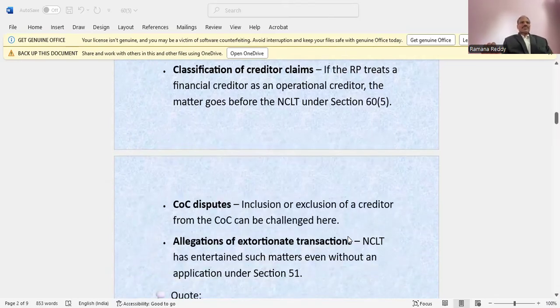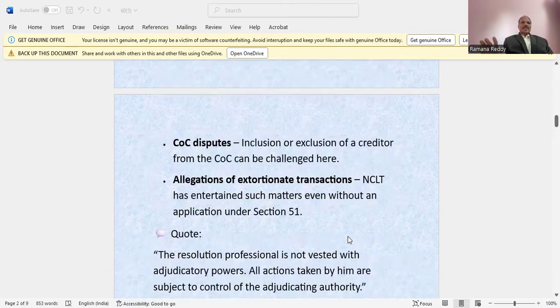CoC disputes: inclusion or exclusion of a creditor from the CoC can be challenged here. Allegations of extortionate transactions: NCLT has entertained such matters even without an application under Section 51.